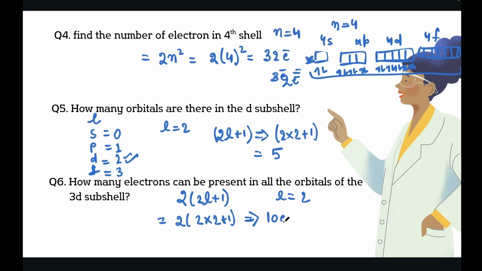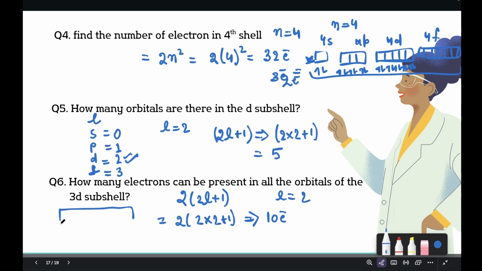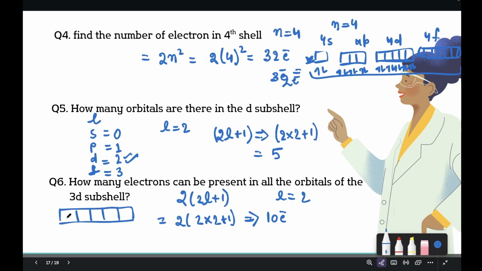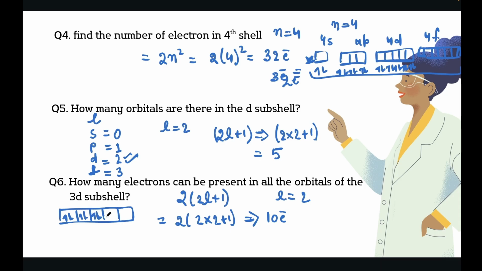That is 10 electrons. So the total number of electrons present in the 3d subshell will be 10. We can also find it like this: as we know the d subshell has 5 orbitals, and each orbital can hold only 2 electrons, so the total number of electrons will be 10.